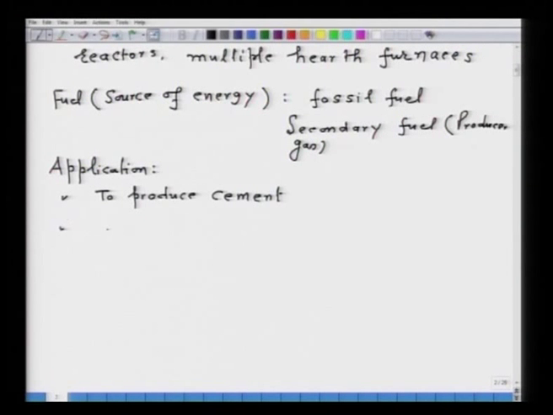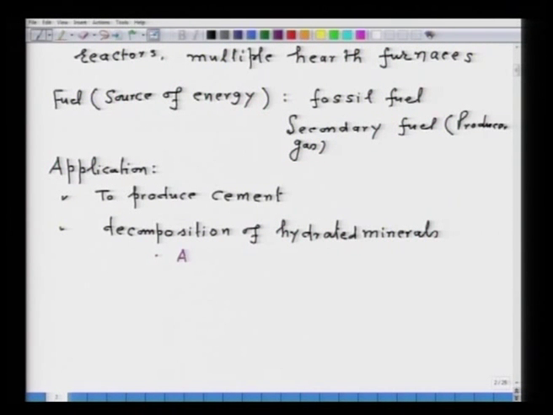Second application, decomposition of hydrated minerals. Now, this decomposition is done for one purpose, could be we want to make Al2O3 refractory.